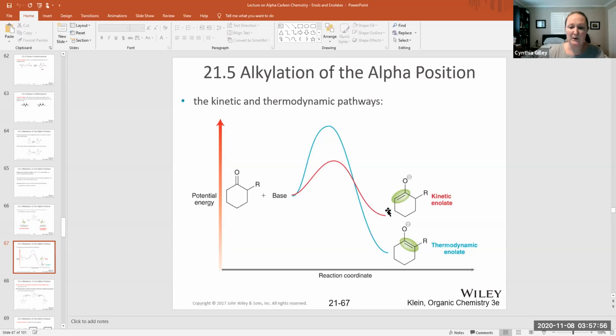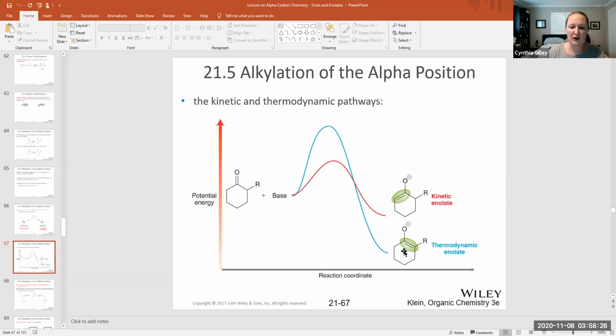But we can still lead to the formation of the thermodynamic enolate at higher temperature because of possible equilibration between the two enolates directly, right, without going back and then going forward again. So in order to form the kinetic enolate, we want to have less energy available such that the kinetic enolate is trapped and the equilibration between the two enolates is not possible.